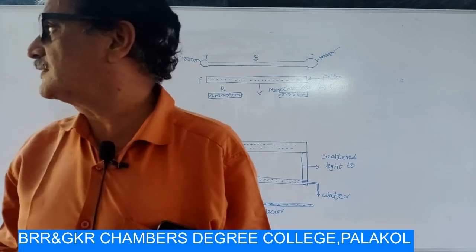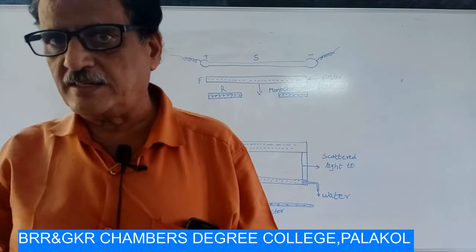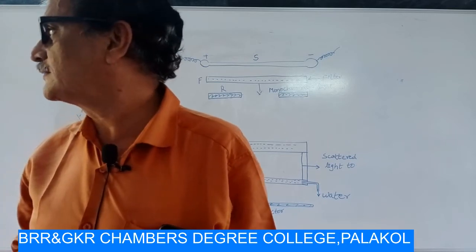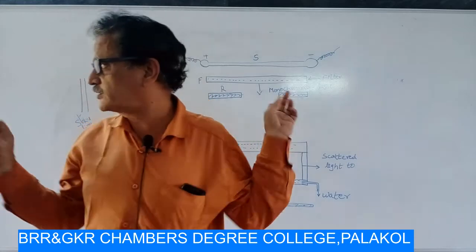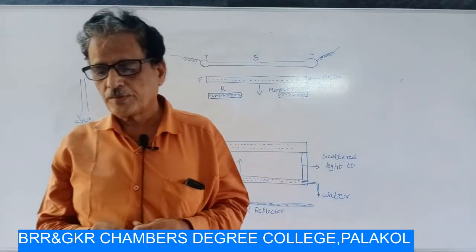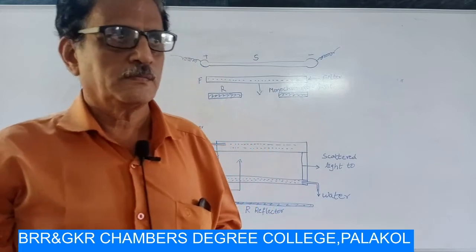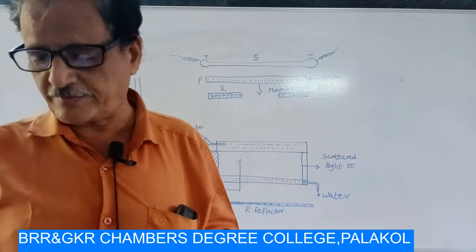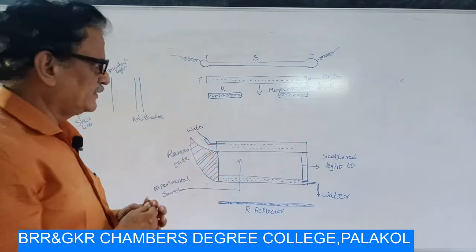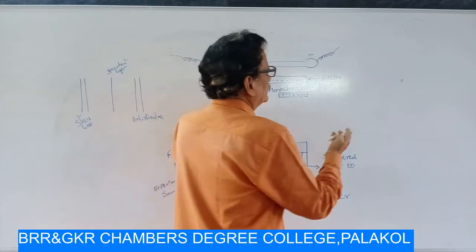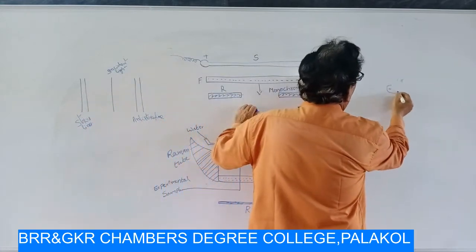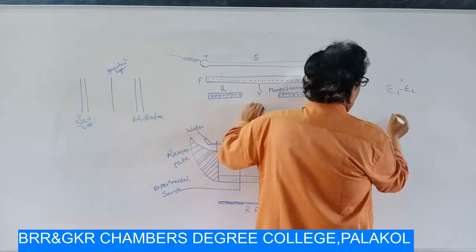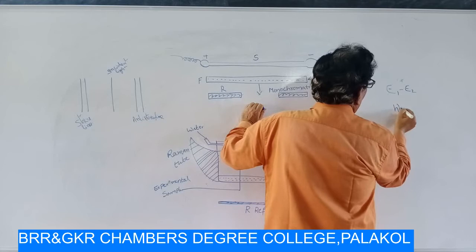So, the energy levels of the molecules are changed. The change in the energy level of the molecule, say, is E1 minus E2. The energy of the incident photon is equal to h nu.